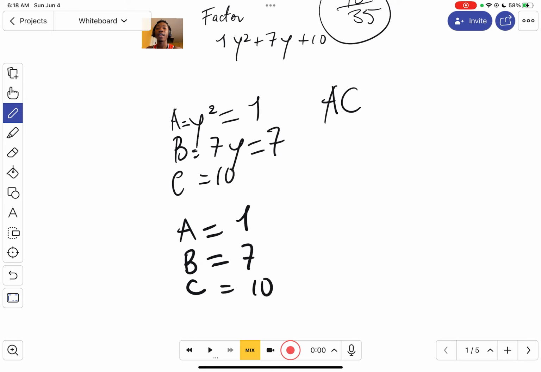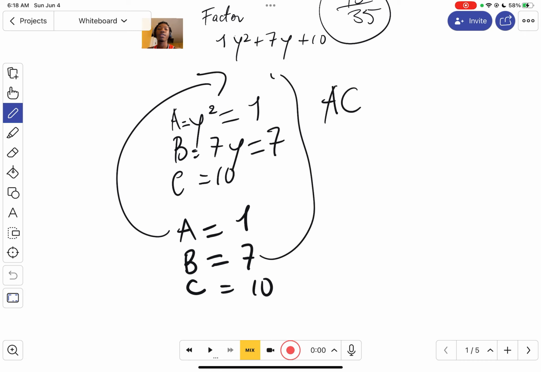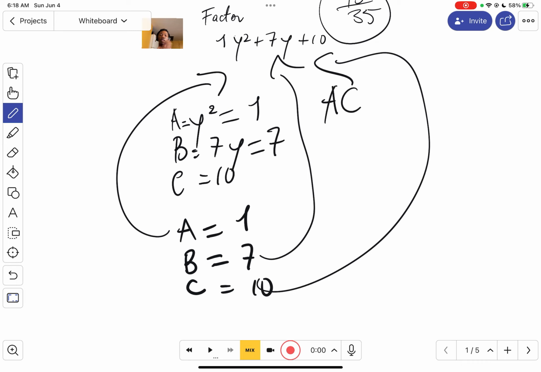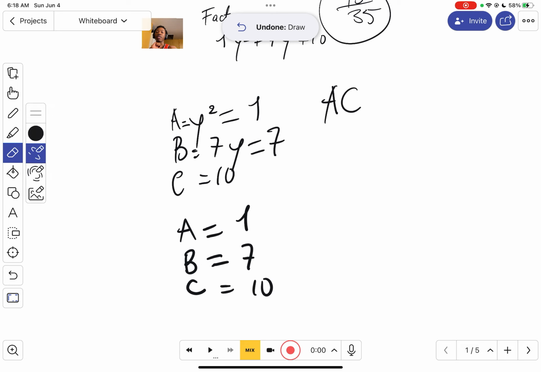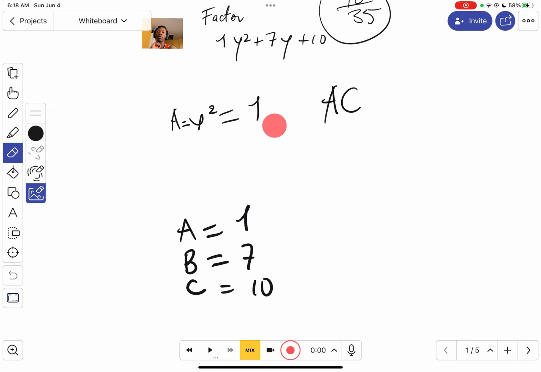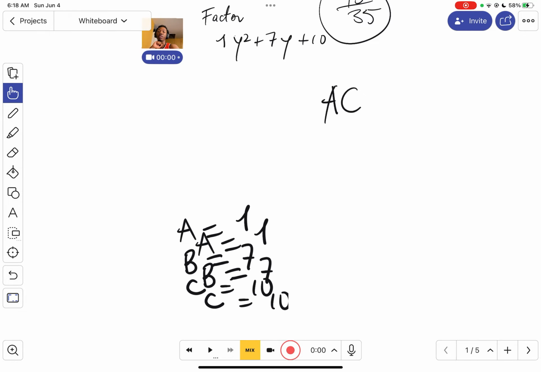That's the same thing as y squared plus 7y plus 10. Nothing changed, just making it much more clear for us.